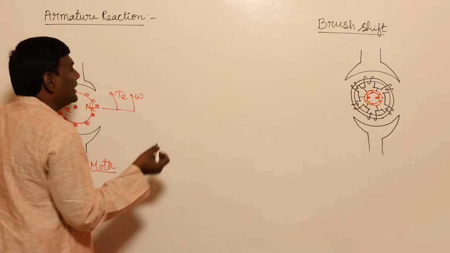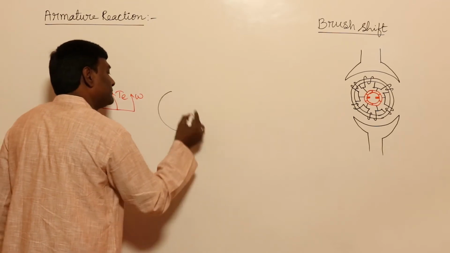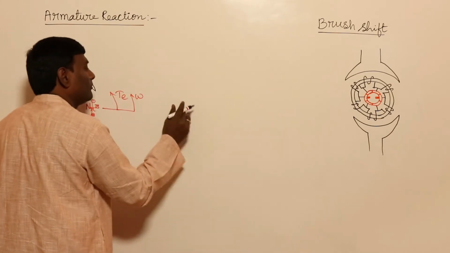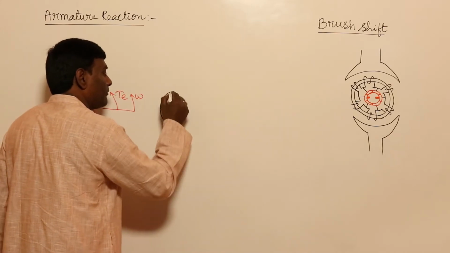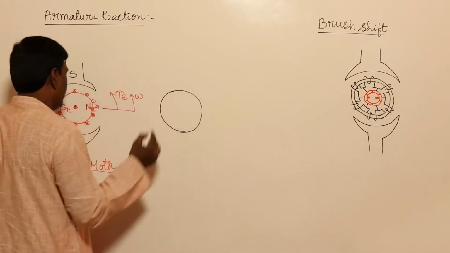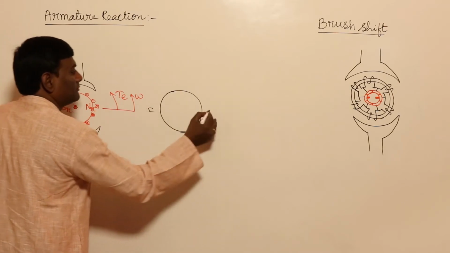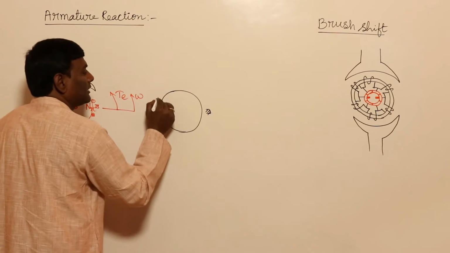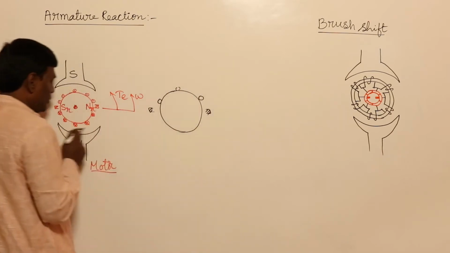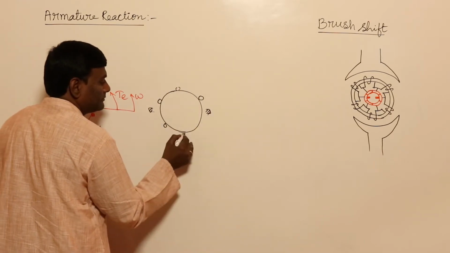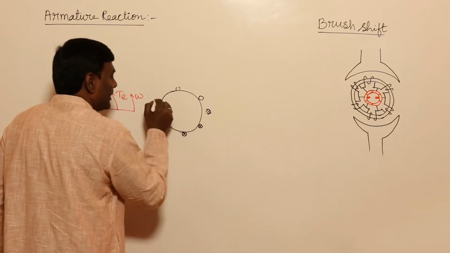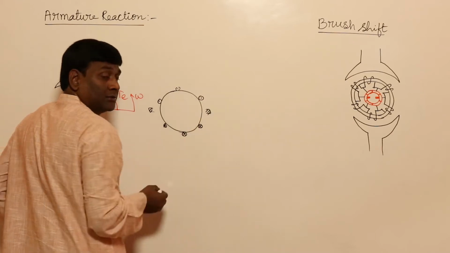Let us see. Now let me draw the rotor again. So if I try to draw the rotor, here brushes, and here in the upper portion dots are there, and in the lower portion crosses are there. So what's happening?